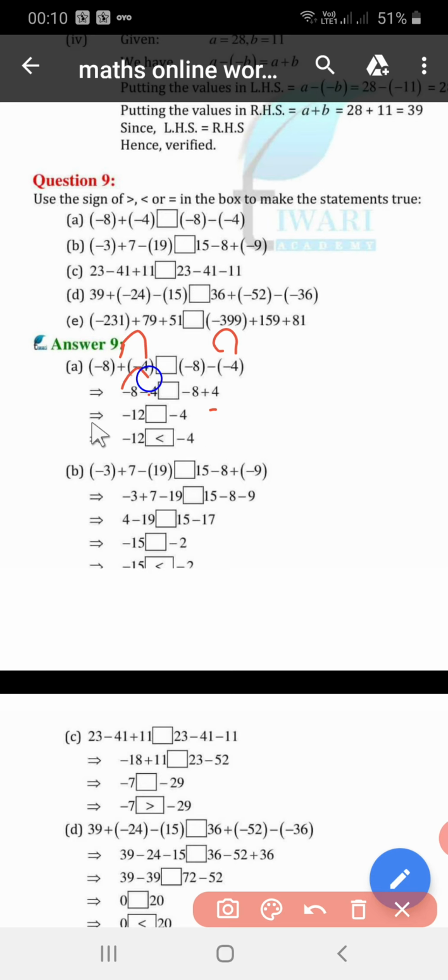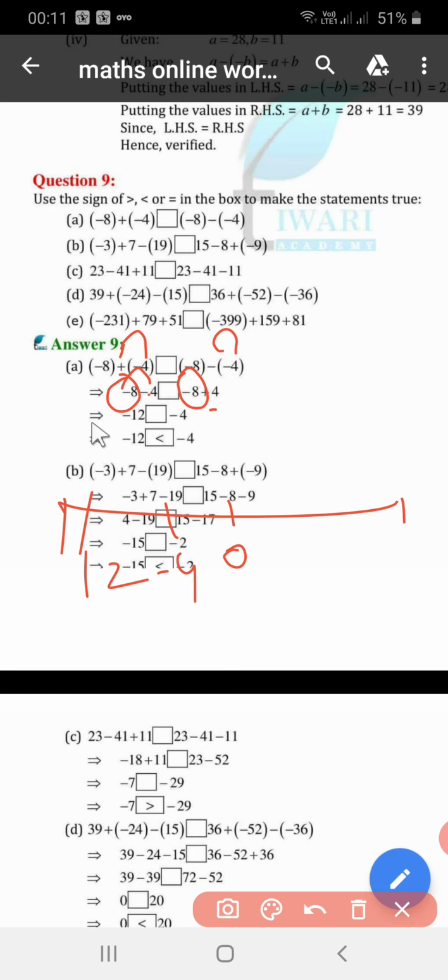Now again minus plus 8 and 4, 12. The greater digit is minus 8, so the sign will be negative. Here minus plus minus 8 minus 4, 4. The bigger digit 8 is negative, so it will be negative. Now minus 12 and minus 4, which one is greater? On the number line you can easily see minus 4 on this side and minus 12 here.